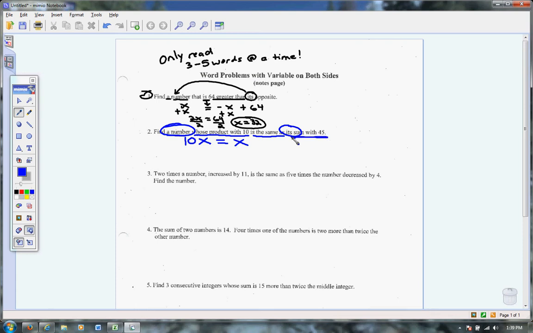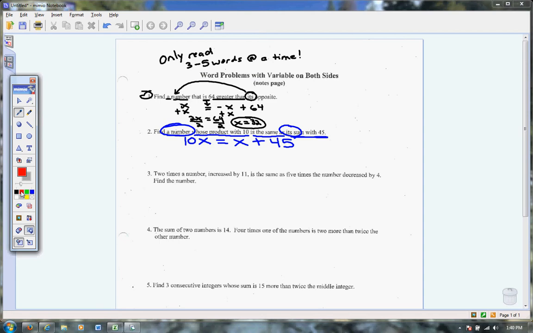Wasn't sum addition? So the number's sum with 45. If you take these word problems slowly and just read about 2 or 3 words at a time, I think you'll do fine.